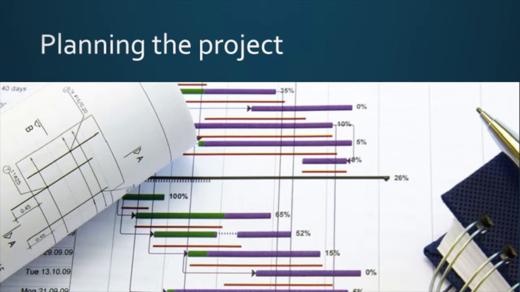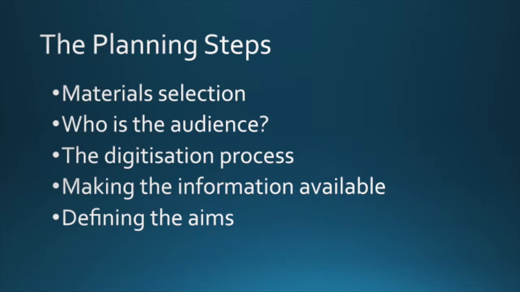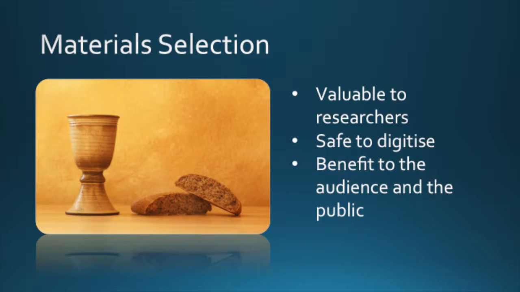So we look at planning the project, and we look at the steps within planning a project. They break down to the ones on the screen at the moment. We start first with material selection, and selecting the materials to digitise is obviously where this all begins. And it's about selecting materials in the context of the perceived value that they're going to have to the wider organisation and to the audience.